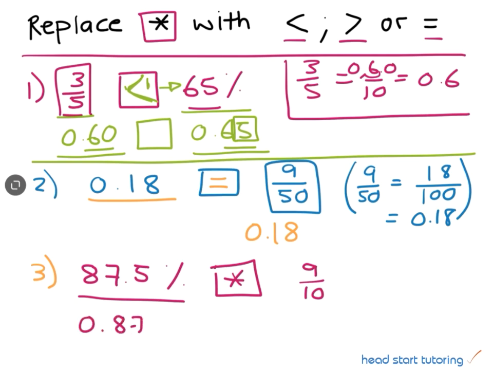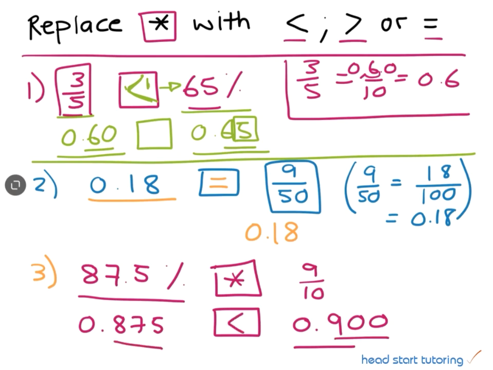We've just got 0.875, and 0.875 compared to 9 over 10. 9 over 10 is quite easy to convert into a decimal. We just say 9 over 10 is 9 divided by 10, which is 0.9, which is our bigger number. 0.9 is definitely bigger because we can put in some placeholders there, and 875 is smaller than 900.